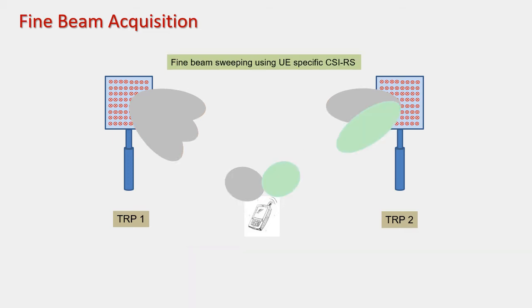The next stage involves fine-tuning this, because during those initial steps we are just doing something which is common to multiple people, but now things can be done specific to this mobile.